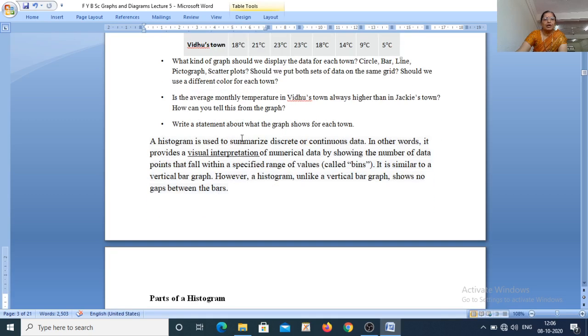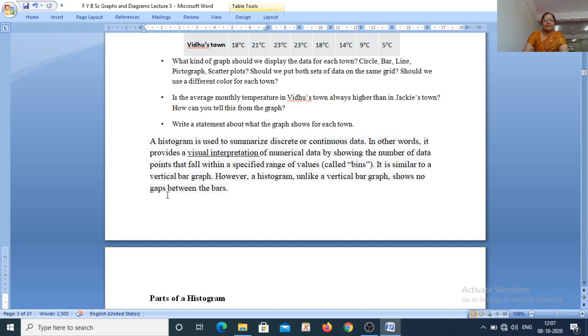So one of the important graphs which we have discussed earlier also is called a histogram. So what is a histogram? A histogram is a series of adjacent rectangles. That means there is no gap between two rectangles. It is a series of adjacent rectangles erected on class intervals, such that the height of the rectangle is proportional to the frequency of that class.